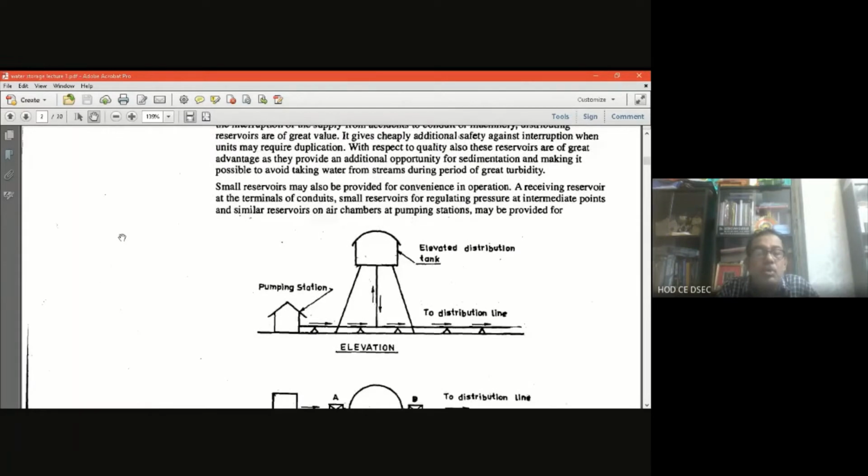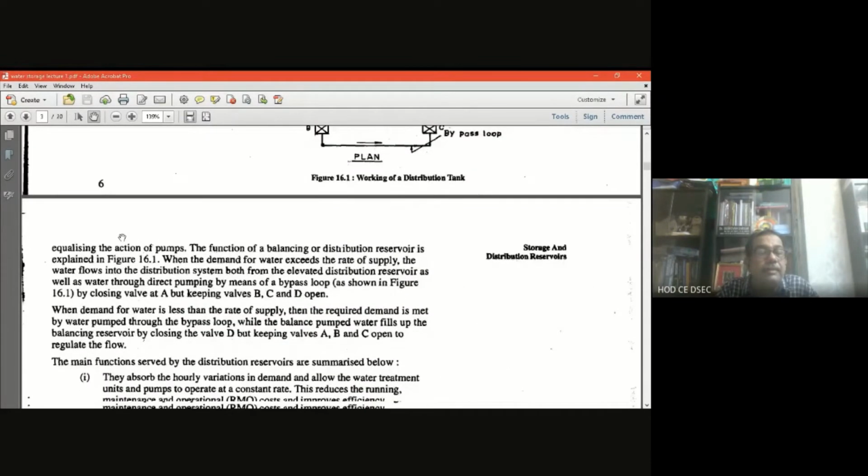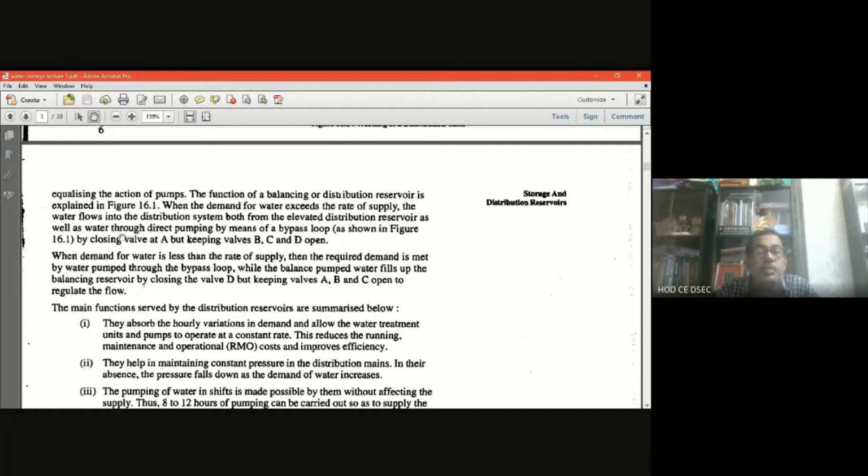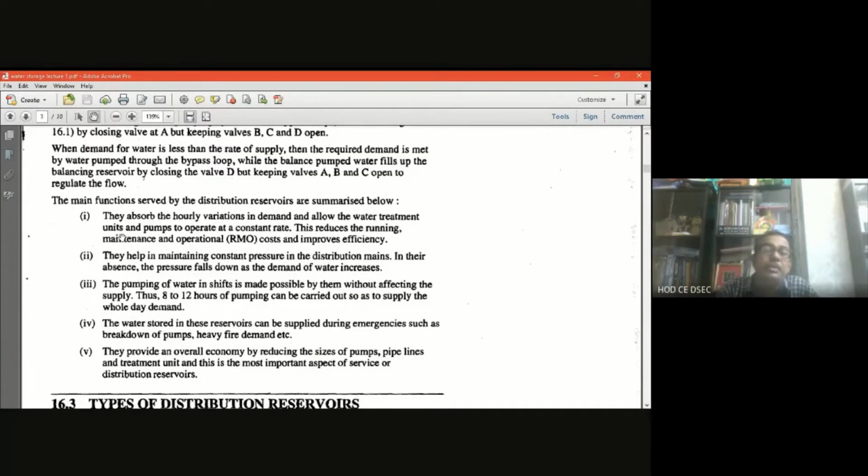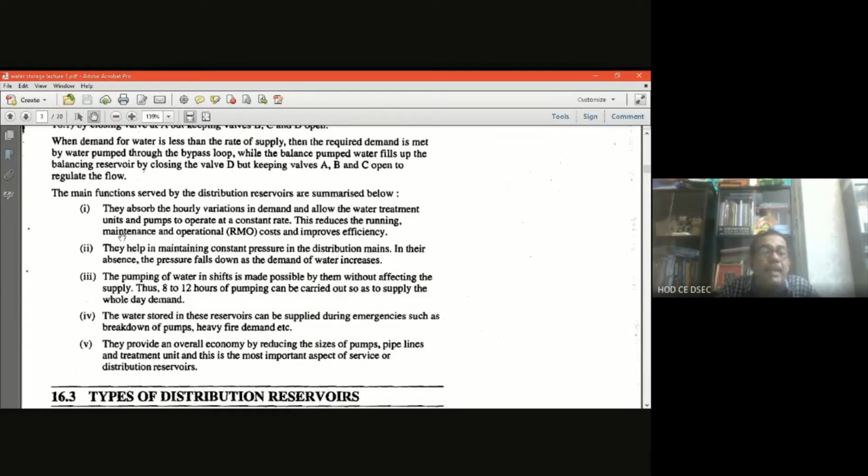So we can see at a glance the main functions of the reservoir. What are the main functions of the distribution reservoir? They absorb the hourly variations in demand. As I have told you, it enables a uniform flow regarding the demand and supply period.